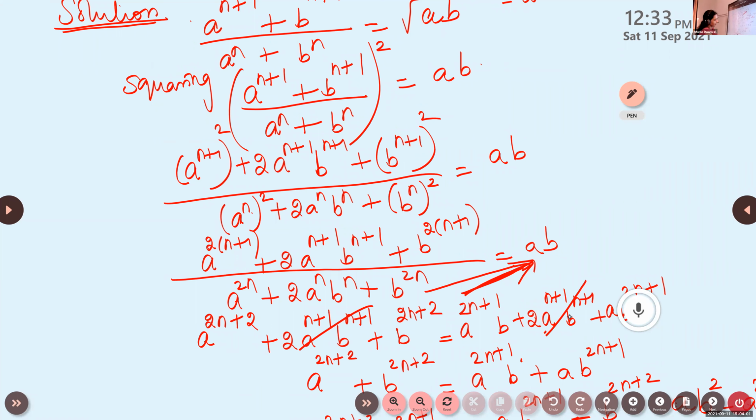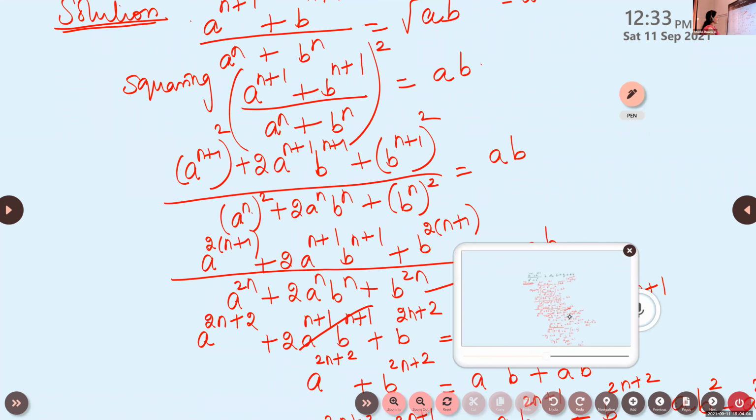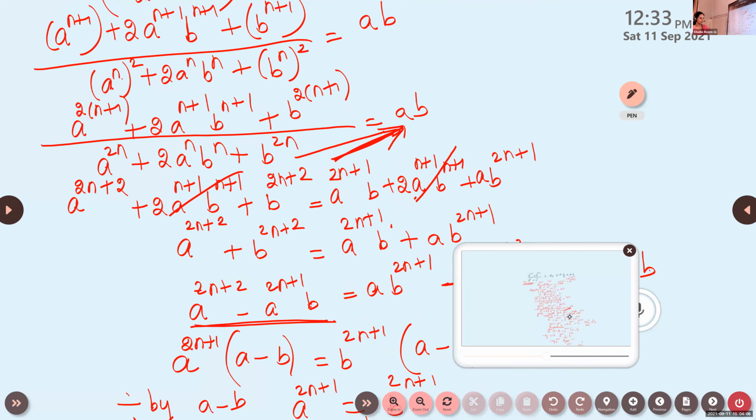Next, okay. If you want to scroll, you just tell me, then only I'll be able to understand. Today, do this question once again as homework. Same question as homework.